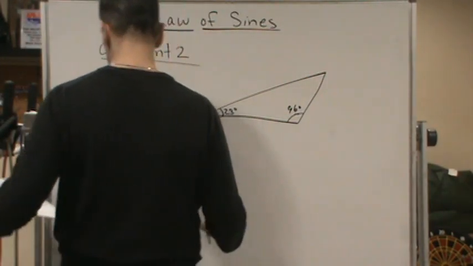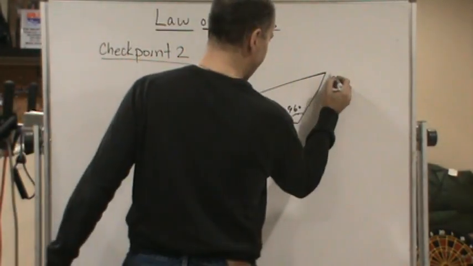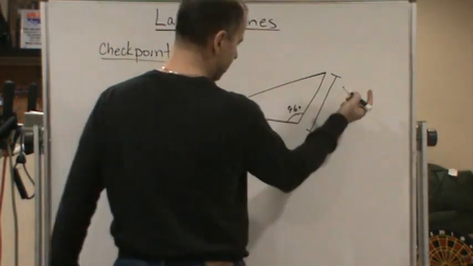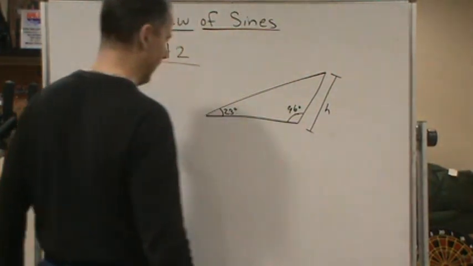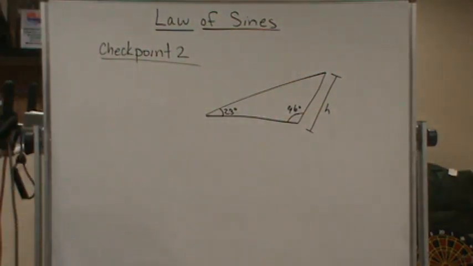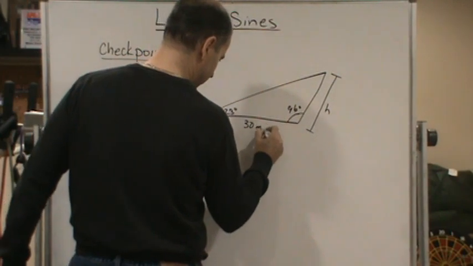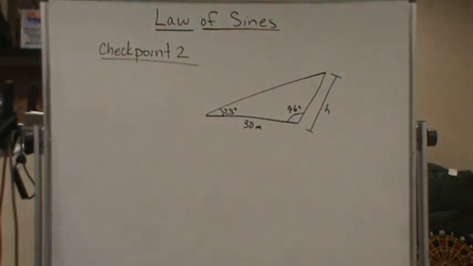And we're going to say the height of the tree, or the length of the tree, since it's tilted, we'll say is h. And the length of the shadow is 30 meters. And so we want to find h. So go ahead and do that, and then come back.